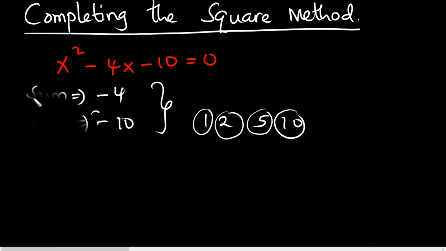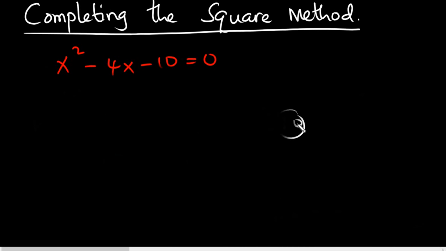So we are going to use a method that is known as completing the square method. So what does this method entail? So this method entails making this equation to become a perfect square. And what do we mean by a perfect square? Okay, don't worry, you're going to understand all this by the end of this video.